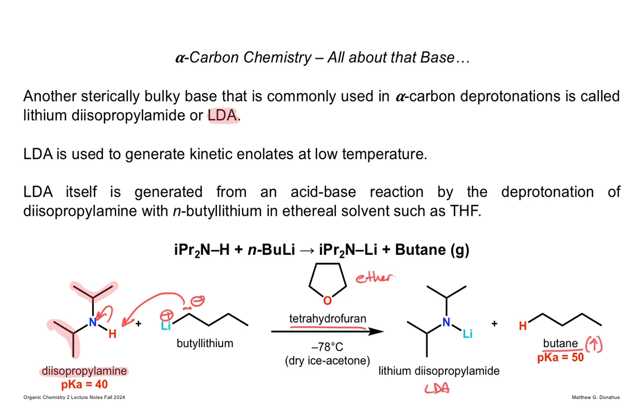And the reaction is pretty exothermic, so that's why it's run at minus 78. That's a common temperature for organic chemists because that comes from taking dry ice, so solid carbon dioxide, and then you add it to acetone, which is that ketone, and it forms a nice slush. And so you can get to minus 78.